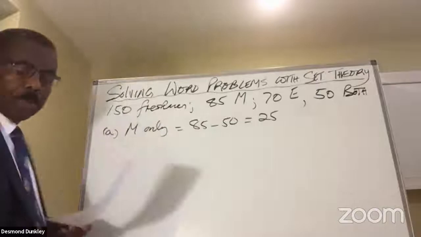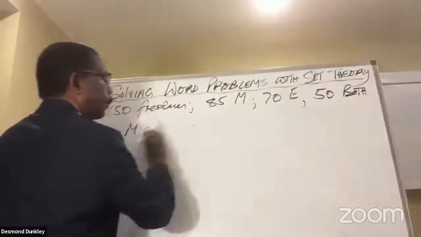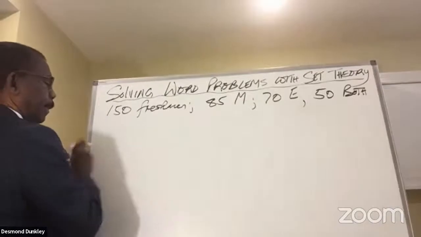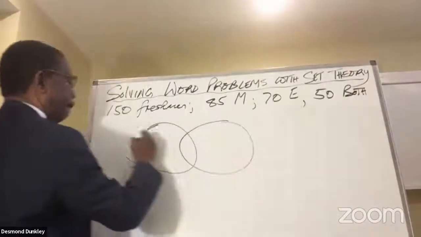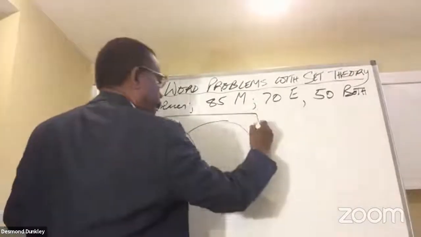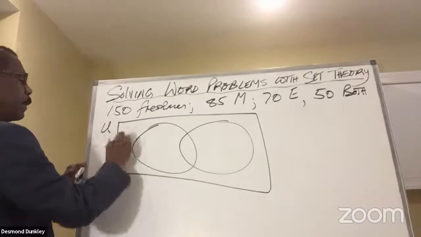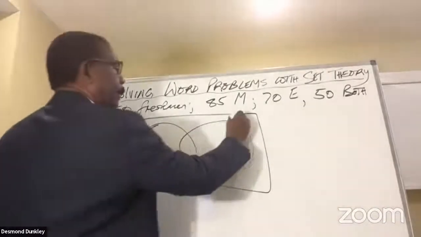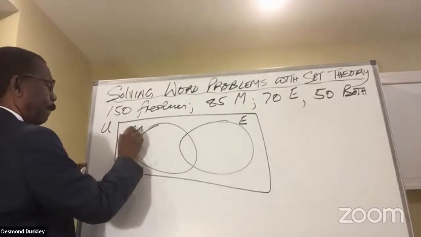So what we could do, before we even start answering them individually, is something like this. This is your universal set. This is math. This is English. Math has a total of 85.